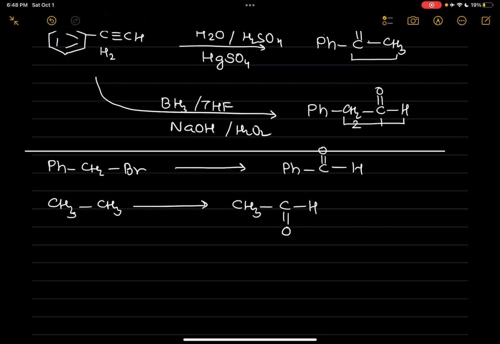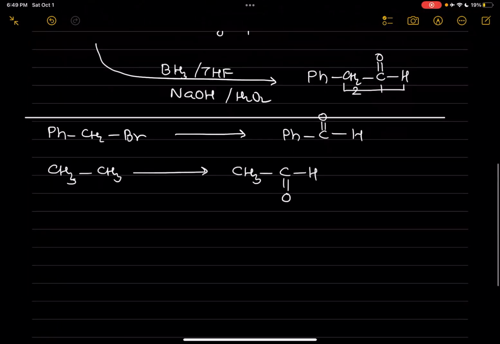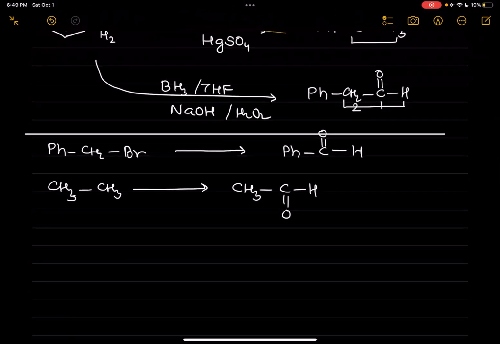The upper one, you can do, yeah. First step is you can use aqueous KOH. That will bring in the OH. Once you have the OH, now you just have to bring in the double bond.